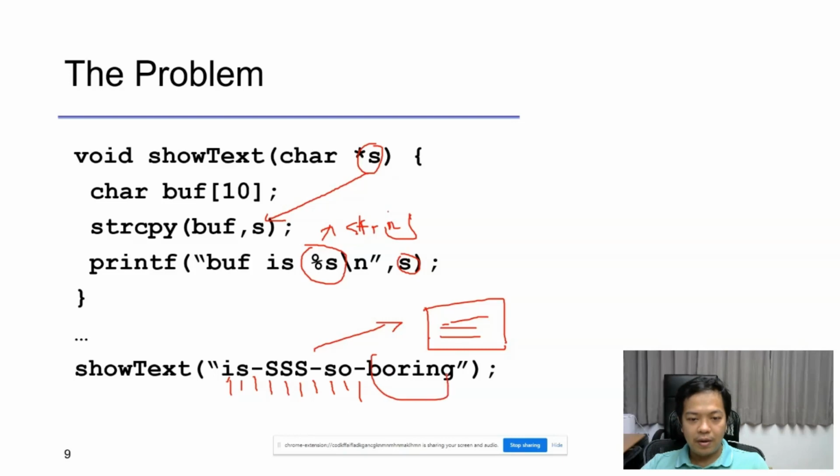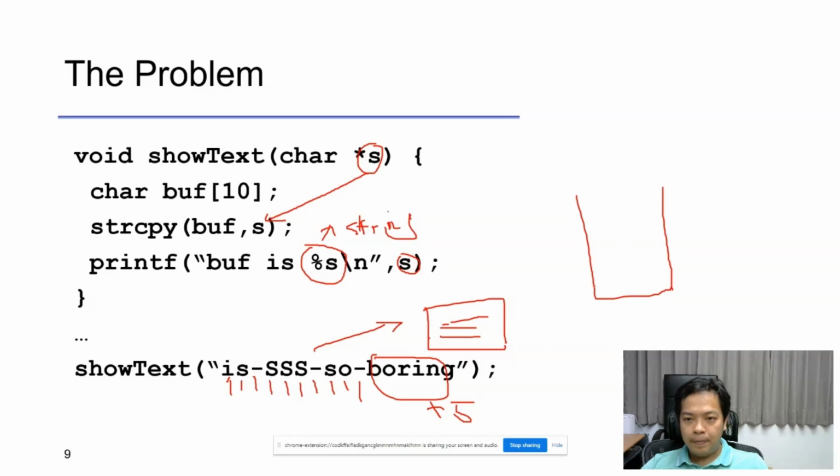And what about this one? We don't have enough memory. So how can we store these five characters? That means here we have a buffer, and we have 4.